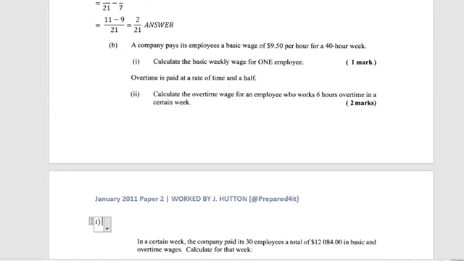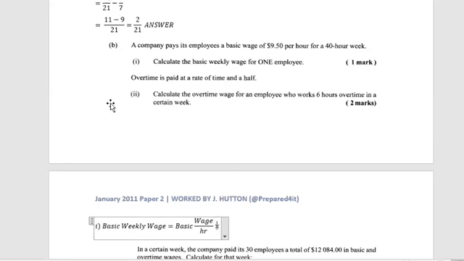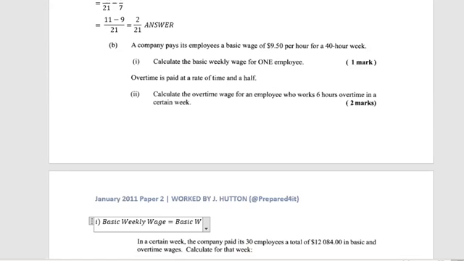So therefore, to calculate basic weekly wage, that would be the basic wage per hour multiplied by number of hours in a basic week.